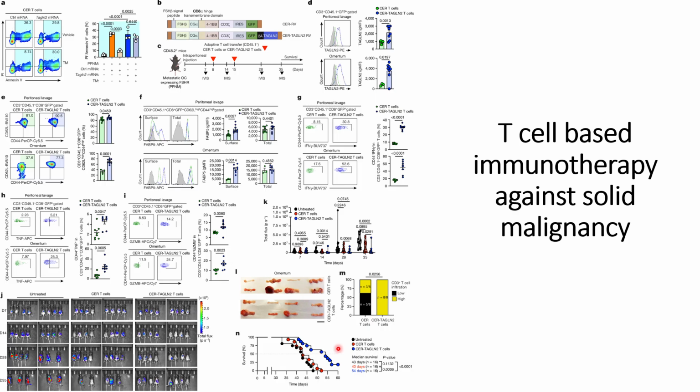That will cause the T cells to have less cytotoxic effect against the tumor cells, and this can be overcome by using the CAR T cells with TAGLN2 cDNA modified in the CAR T cells.